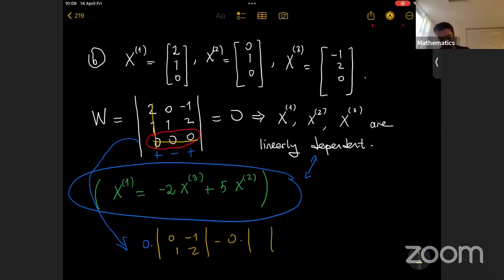Minus 0 times something, plus 0 times something, okay? So the result will be 0, okay? That's why when we expand the determinant, we choose the columns or rows with more zeros, okay? Because it's easier when you have 0, you have basically nothing, right, from that entry. Okay, good. Any other question, comment?